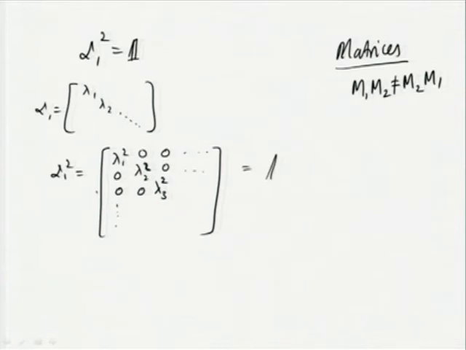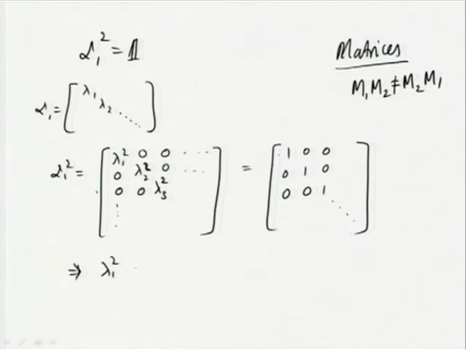A unit matrix is a diagonal matrix with diagonal entries equal to 1, which means that lambda 1 square is equal to lambda 2 square equal to lambda 3 square equal to 1, etc. All of these diagonal elements should be equal to 1. This 1 is actually just the number 1, not any matrix.